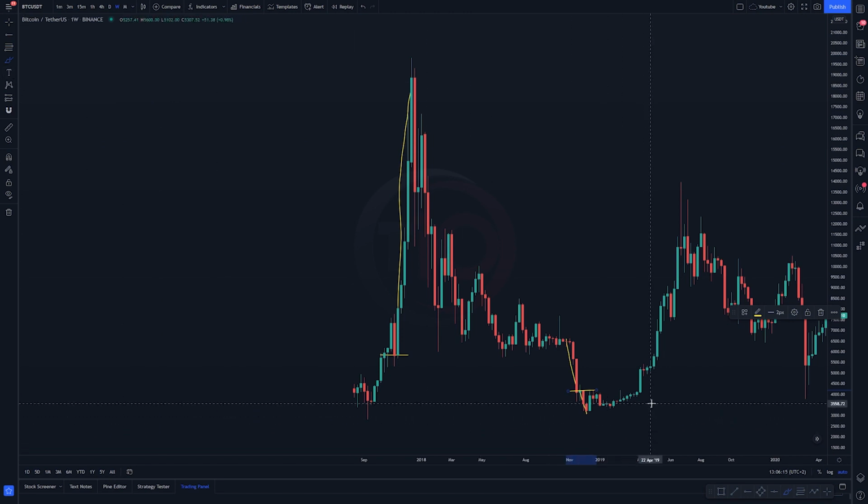So expectation is if we achieve this range, probably look for some sort of a retest. And if we achieve this range, still look for some sort of a retest, and then continuation. So here we have a lost weekly. So expectation is a retest and continuation lower, or at least a decent retest.